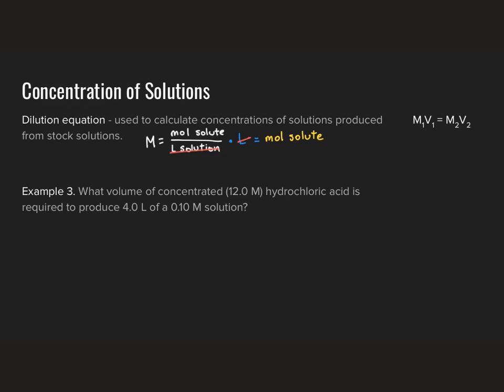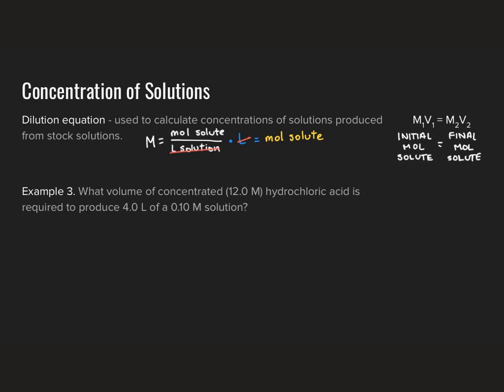So what that equation really tells me is that the product of molarity times volume, which is moles of solute, is constant before versus after the dilution occurs. That is, the initial amount of solute equals the final amount of solute, because when you dilute something, you're not changing the amount of solute, you're changing the amount of solvent.